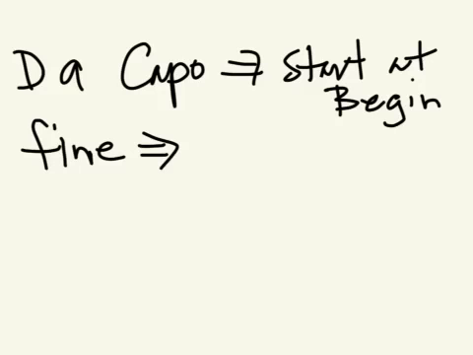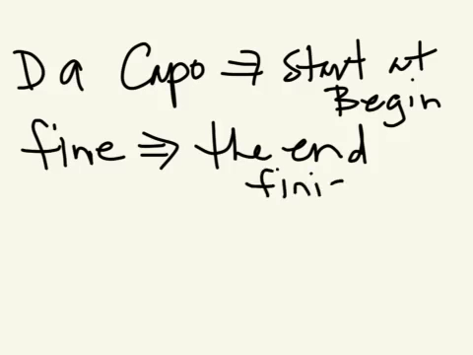Da capo means go back to the beginning, and play until it says fine, because fine means finish, or the end. So da capo al fine means go back to the beginning and play until it says fine, because that's the end. What's dal segno?